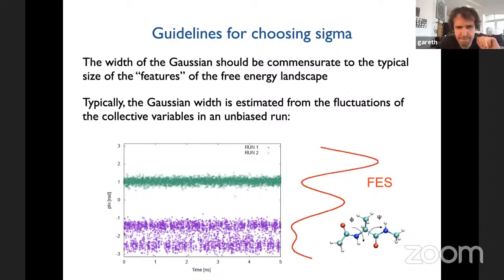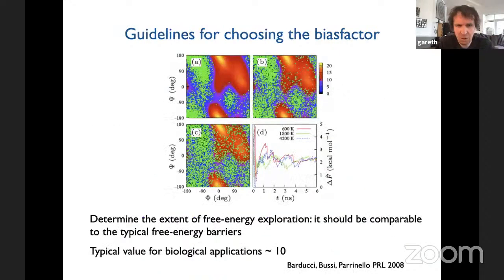Okay. So we've already talked about the bias factor. Here I'm just showing you what I talked about in words on that previous slide. Your bias factor controls how much of phase space you're going to explore. In panel A, you've got a small bias factor. In panel B, the bias factor is bigger. And in panel C, the bias factor is even bigger.